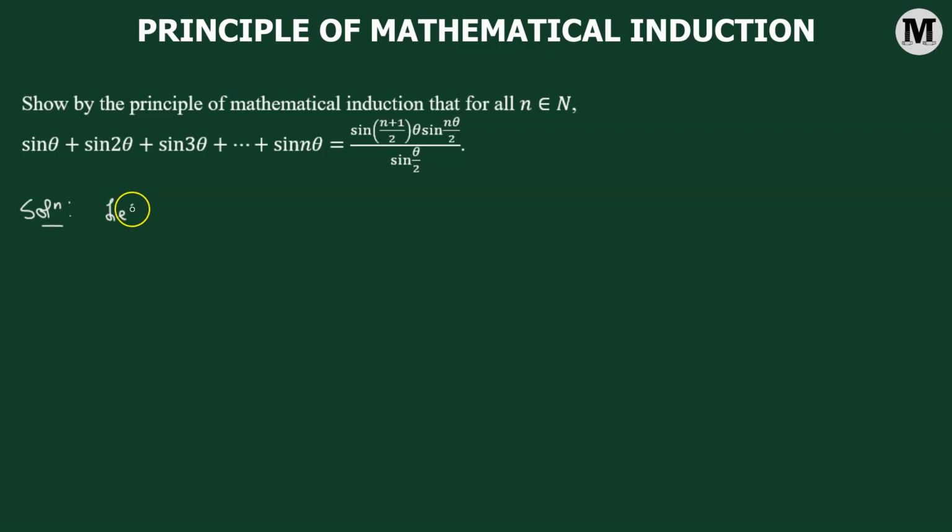So here we begin by considering a statement denoted by P of n. Let P of n be the statement such that we have sine theta added to sine of 2 theta added to sine of 3 theta, and this continues all the way up to the last term, sine of n theta.